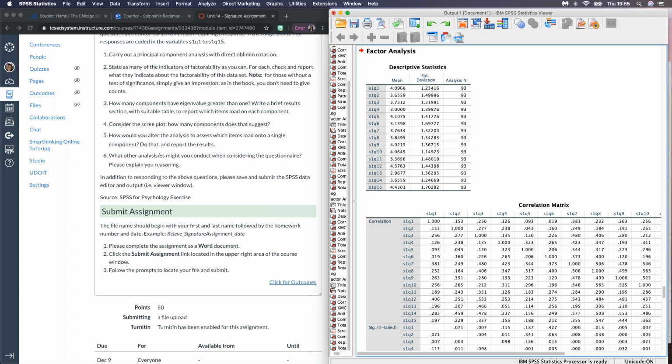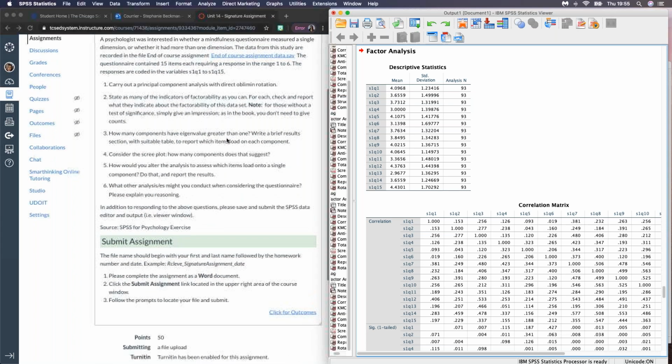Then I ended my document with the conclusion, like usual, and with my references, like usual. This one is a little bit different because it doesn't have the rubric, but when I formatted my paper, just like normal, I've got my title page, my abstract, my introduction, and then my first section is principal component analysis with direct Oblimin rotation.